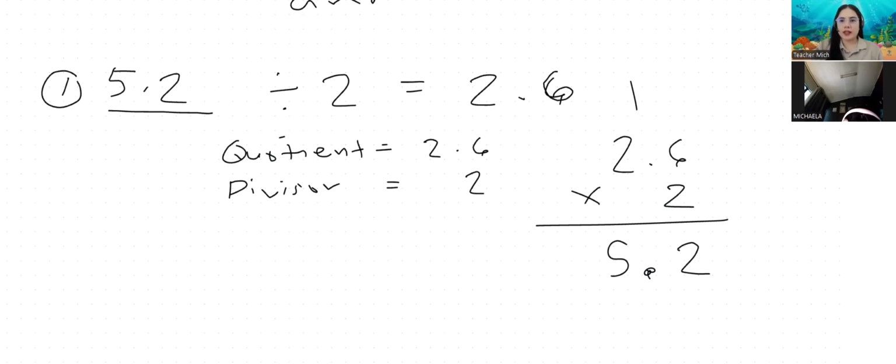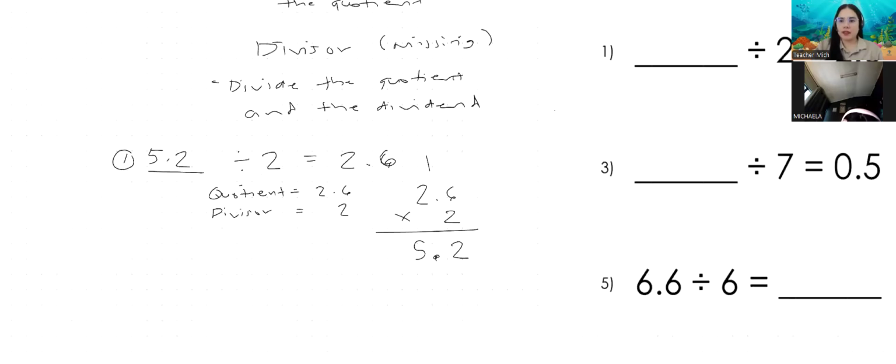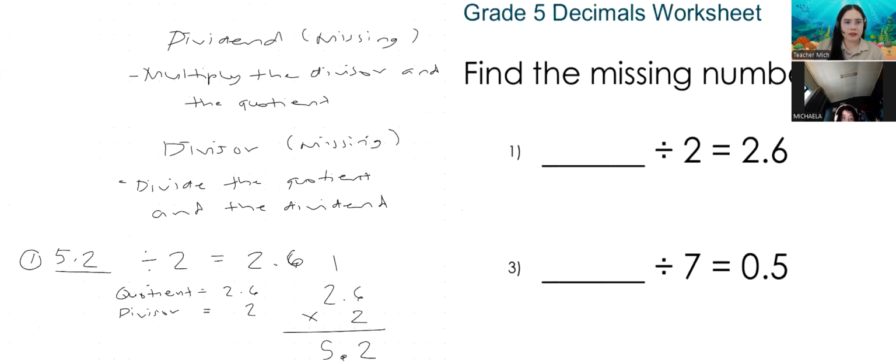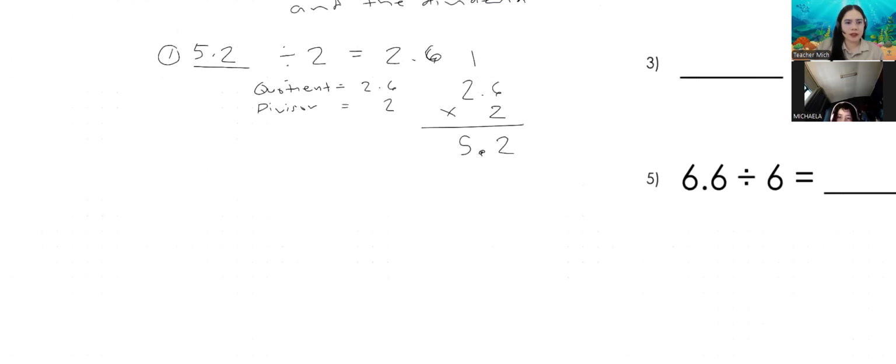Okay, let's try again. Number 2. We have here blank divided by 9 is equal to 0.7. Can you please multiply that one, Michaela?